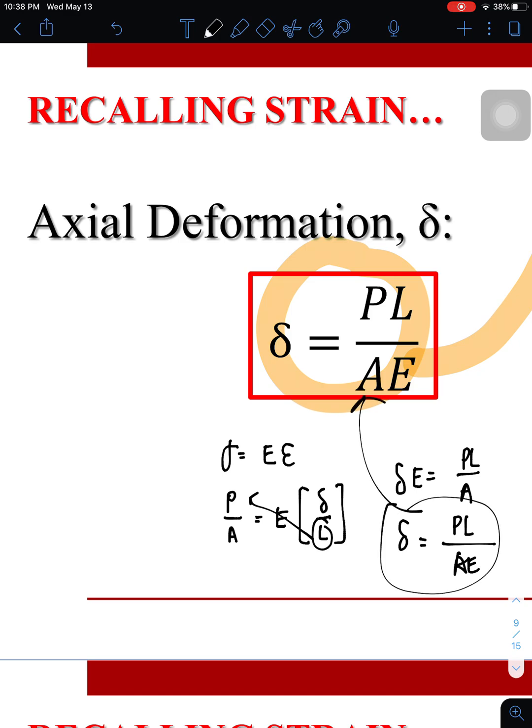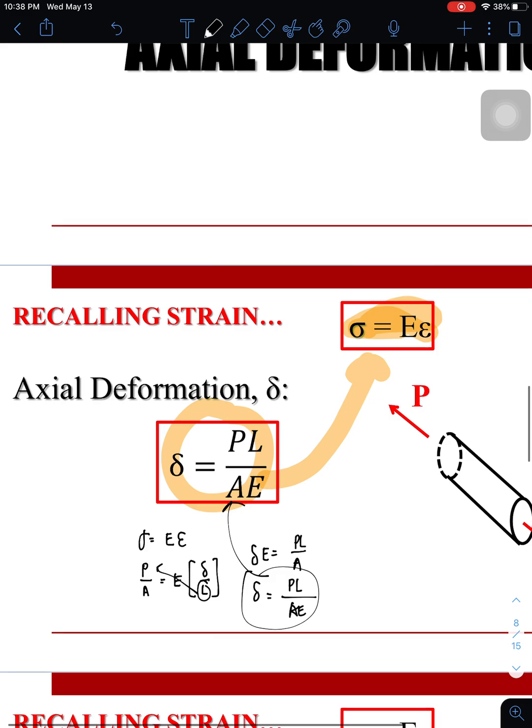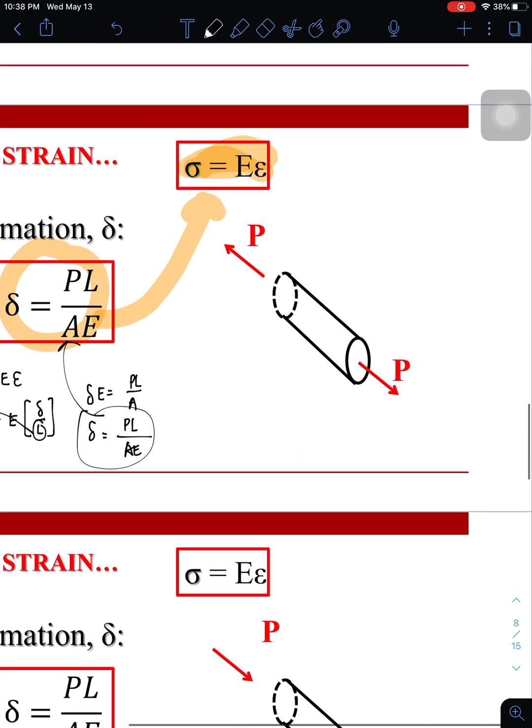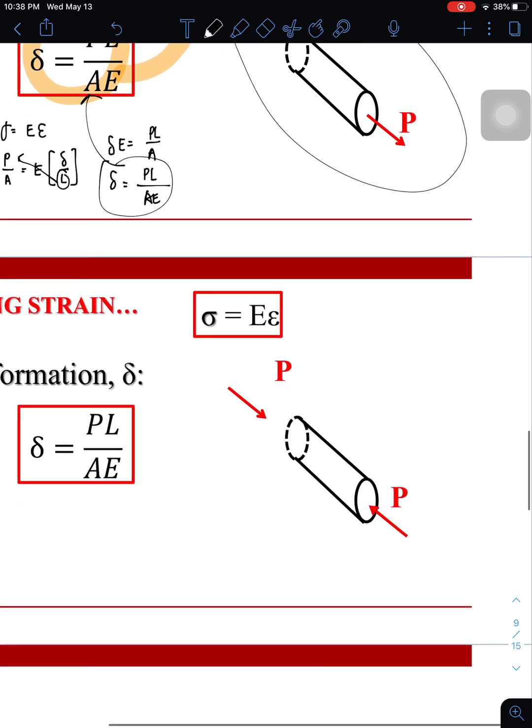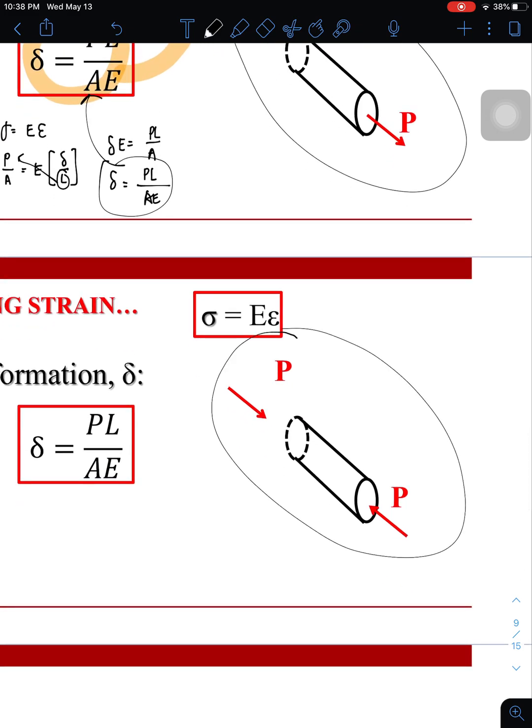So as you can see, it's the same there. So that's axial deformation. The force could either be a tensile force or a compressive force, so it's always acting perpendicular to the cross-sectional area. That's why it's called axial, because we use an axial force.